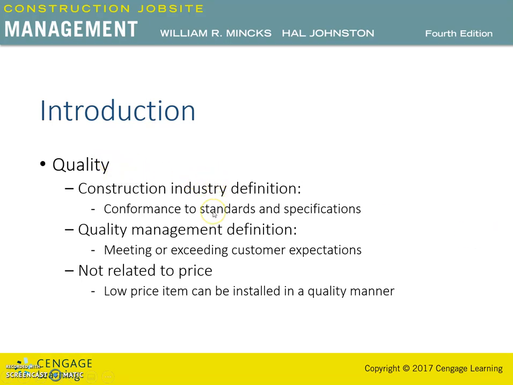Quality is not related to price. A relatively low priced item can be installed in a quality manner when that item is installed properly in accordance with the manufacturer's recommended procedures and it functions as intended.